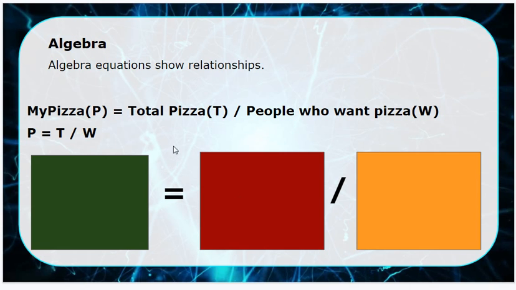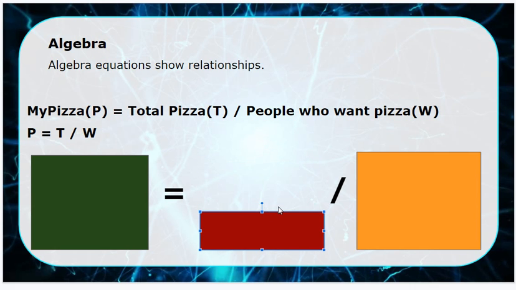Well, the pizza that you're going to get depends on what the total pizza is, right? It depends on how many pizzas you guys ordered. And it depends on how many people want pizza. So, let's say that the total pizza is a small number.